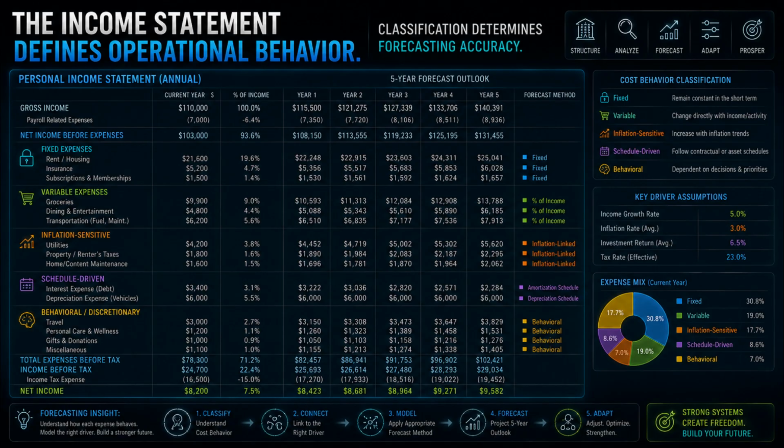For inflation sensitive expenses, we use inflation linking. So if our utilities was 4,200, we multiply that times 1.038, or whatever the inflation rate is that we've assumed.